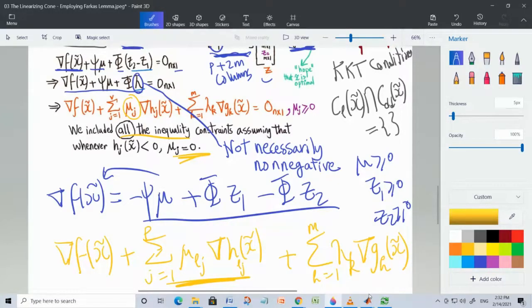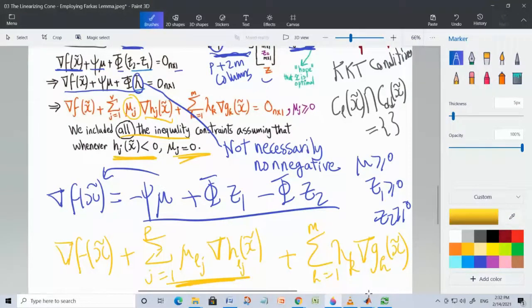So it is better to have an expression that involves all the constraints, and then we remind ourselves that if our inequality constraints are inactive, which means that they are satisfied with a strict inequality, the corresponding mu will be exactly equal to 0.